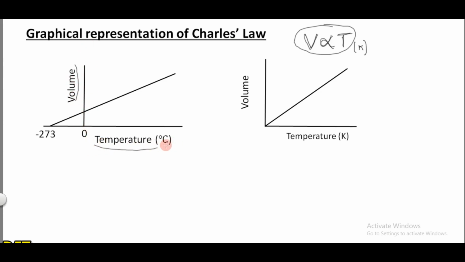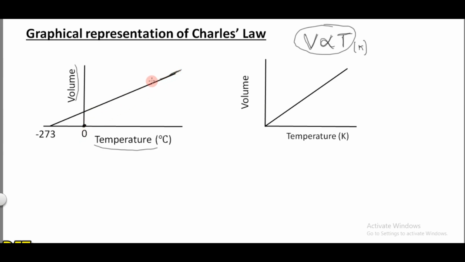If you look at this graph, on the vertical axis we have volume, and on the horizontal axis we have temperature in degrees Celsius. This line cuts across the origin of the graph, this point, which is 0 degrees Celsius.